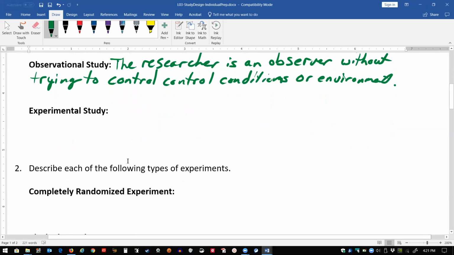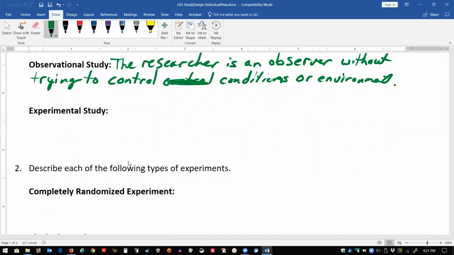Another option for a study is to actually conduct an experimental study. The experiment is different in that the researcher does control.